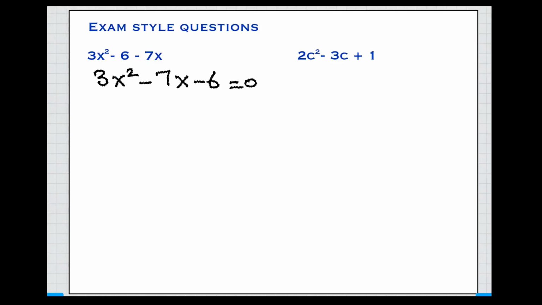Next step we would do is I'm gonna times 6 with 3. That gives me 18x squared. Now I'm gonna look for two numbers. When I times them, it should give me 18x squared, and when I add or subtract them, it should give me minus 7x.